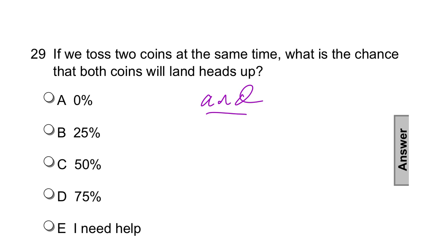Okay, so what's the chance that both will land heads up? What's the chance of one landing heads up? 1/2, right? Then you multiply it by the chance of the other landing heads up.